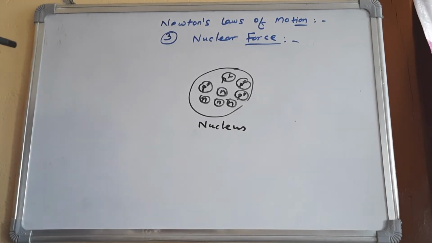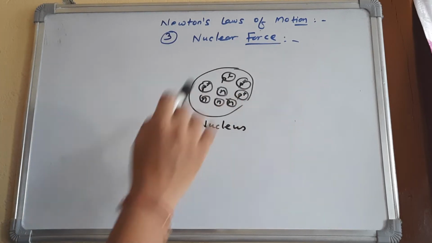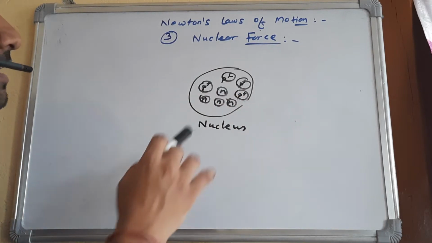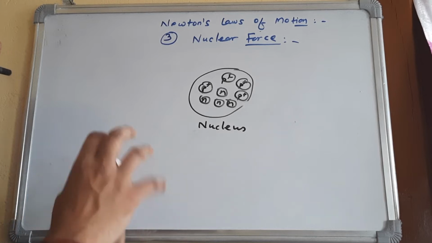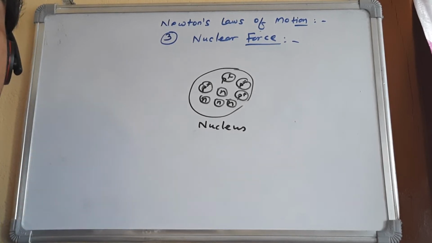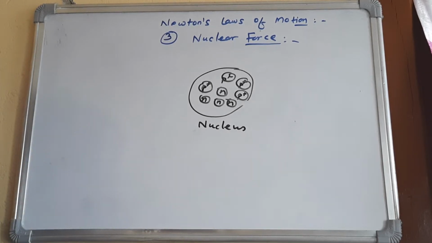But if we talk about electrostatic force between two protons here, protons have the same charge, positive charge. So if electrostatic force comes into account, there will be repulsion between protons, because the neutron is neutral, no charge. And there is a chance that this nucleus will burst if only electrostatic force exists.